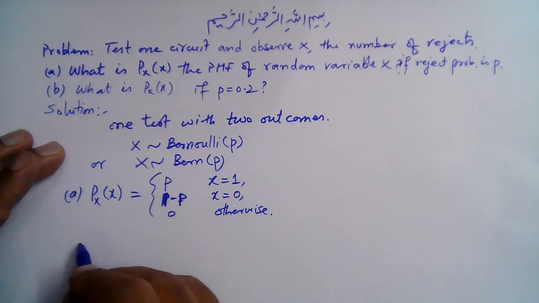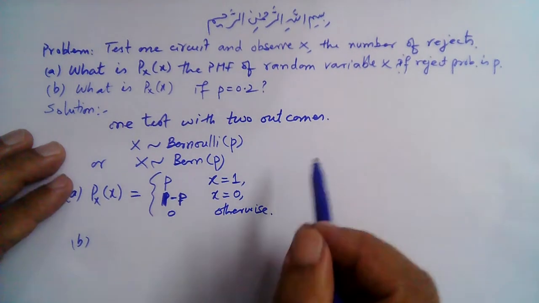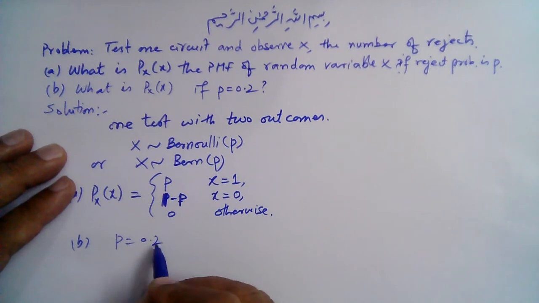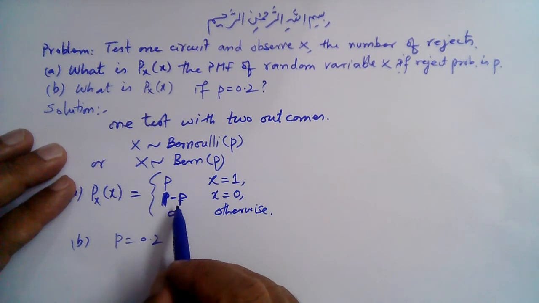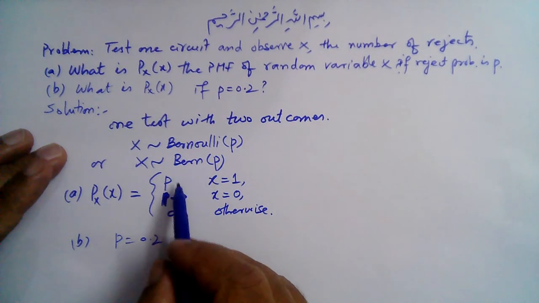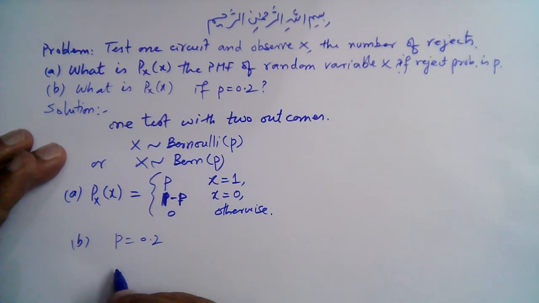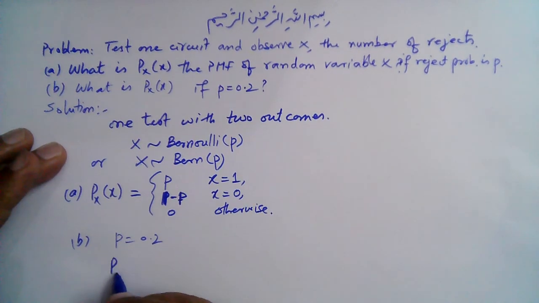So part B, here we are given that p is 0.2. So simply the probability of rejection is 0.2, so obviously the probability of acceptance will be 0.8, right? So we can substitute the value of 0.2 here and find out the PMF.